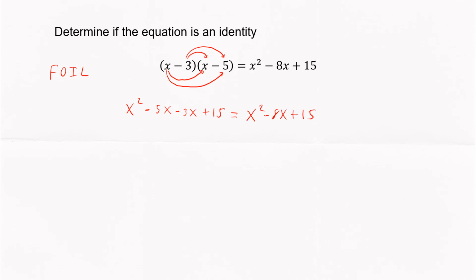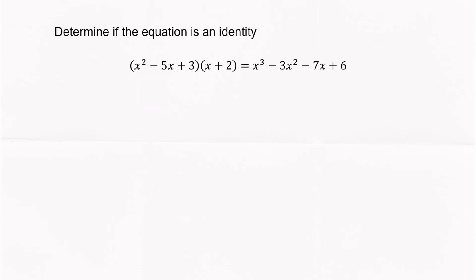When we look, we notice that the left-hand side is now x squared minus 8x plus 15, which is equal to the right-hand side, x squared minus 8x plus 15. So that tells us the equation is an identity, because we've shown that the left side is equal to the right side.